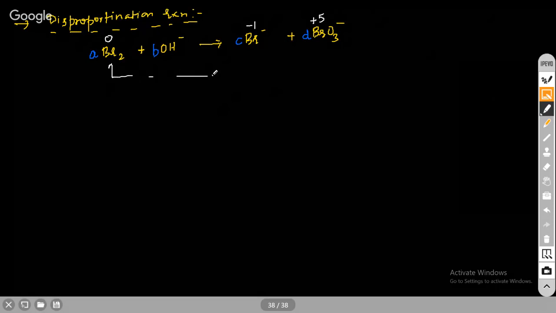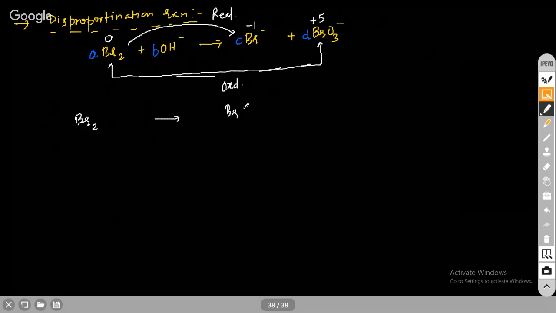From this bromine to here, this is oxidation, right? And this one is reduction, right? So the two half reactions are what? The first reaction is Br2 goes into Br minus, and the second one is Br2 will go into BrO3 minus. Okay, so we have to balance this.